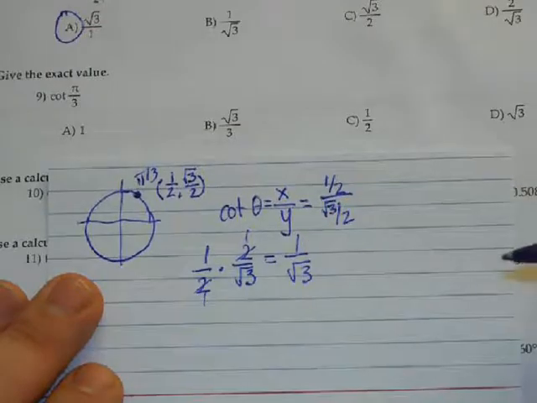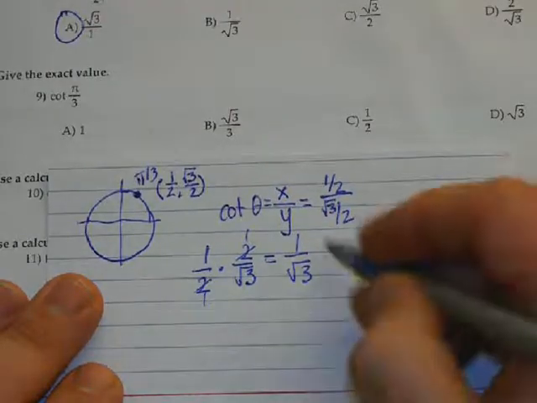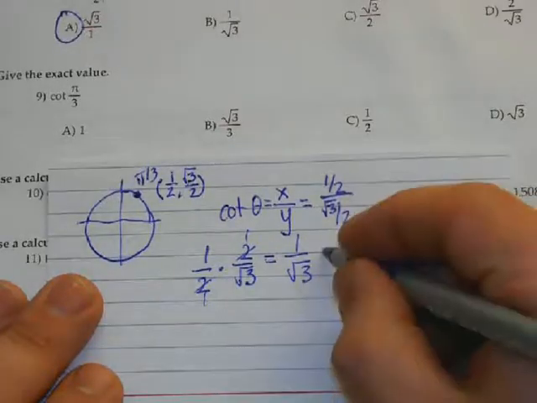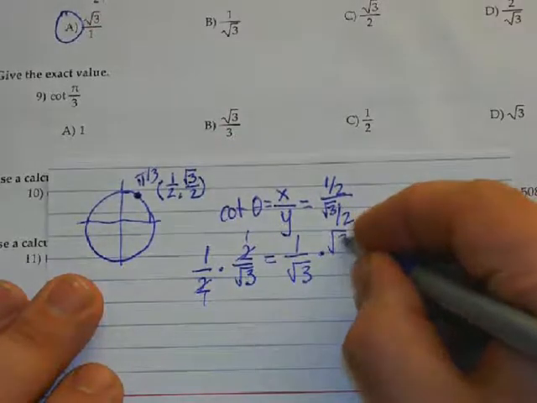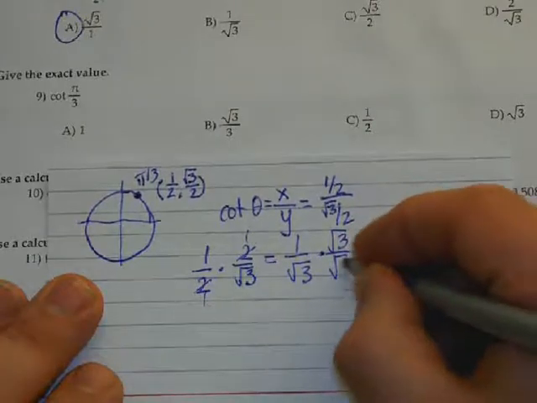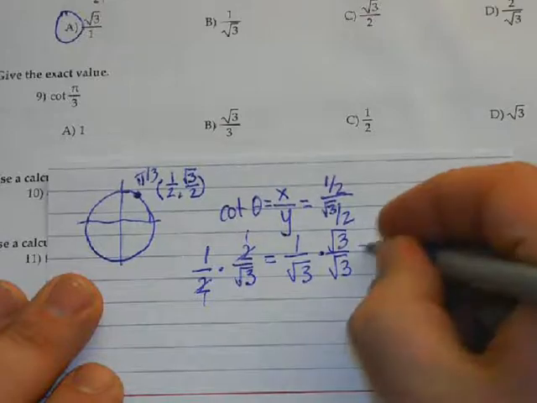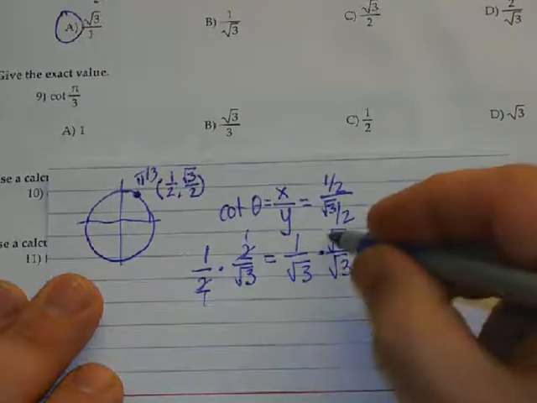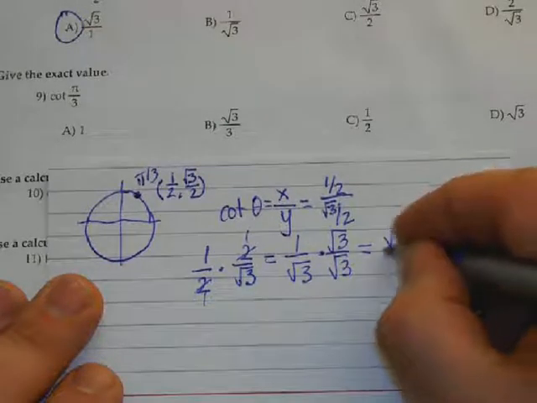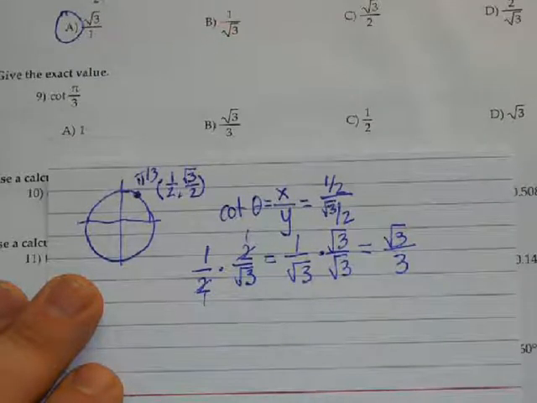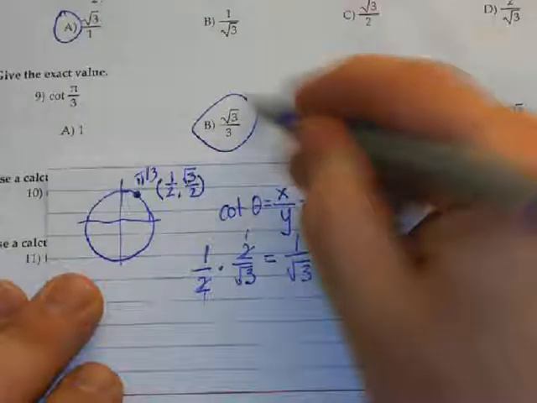I don't see 1 over radical 3, so I need to rationalize this answer. I can do that by multiplying by 1 in the form of radical 3 over radical 3. 1 times radical 3 is radical 3, and radical 3 times radical 3 is 3. Now we see that the answer is B.